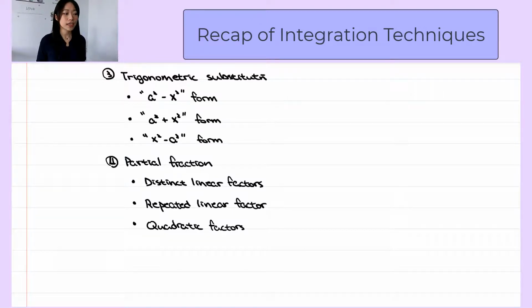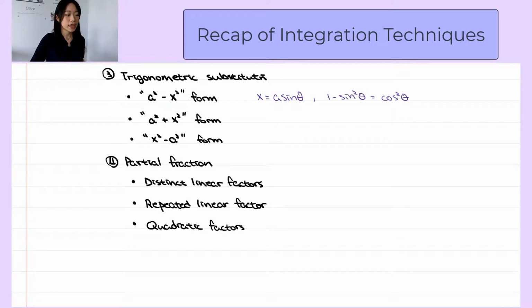The first case is when we have the form a squared minus x squared. The procedure for that is we're going to let x equals a sine of theta, and we are going to use the identity 1 minus sine of theta squared equals cosine of theta squared.